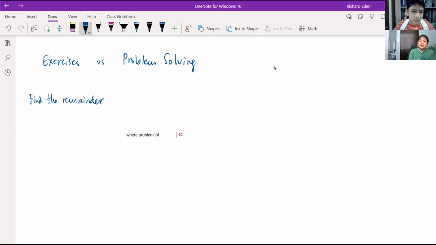Okay, so I wanted to distinguish between an exercise and a problem. An example of an exercise should be something like this. Find the remainder when 379 is divided by 7.